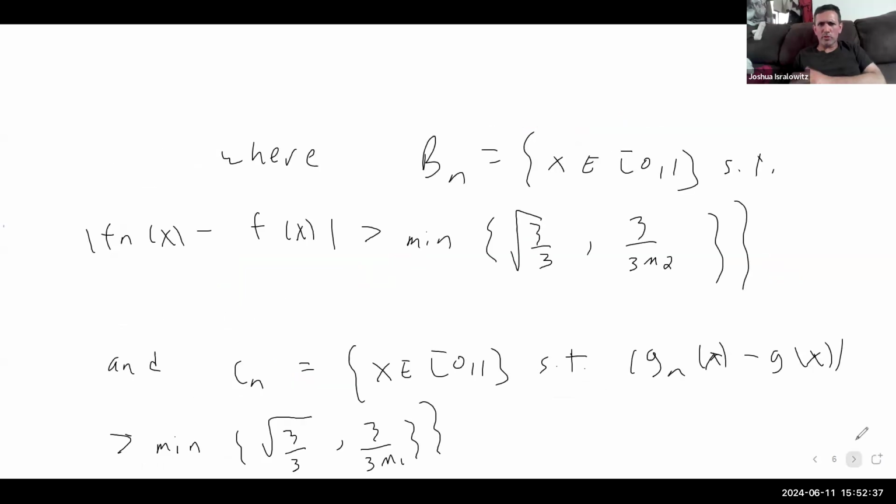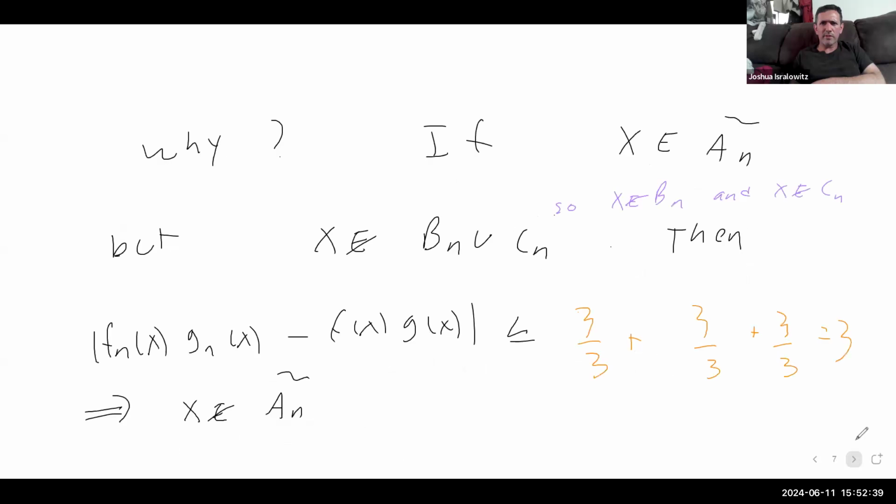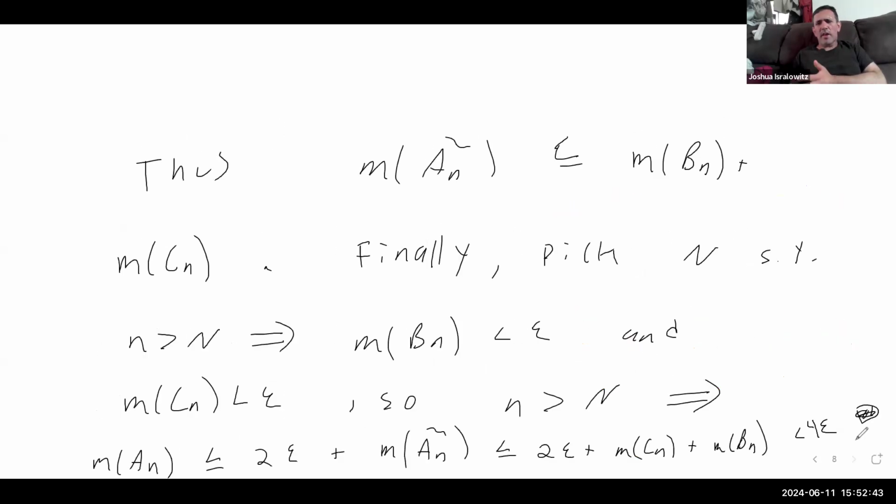Contradiction, because we assumed we're starting off in An. And after that, we're basically done, because by convergence in measure, the measure of Cn goes to 0, and the measure of Bn goes to 0. Not that it matters, but I guess Bn and Cn, not Cn and Bn.